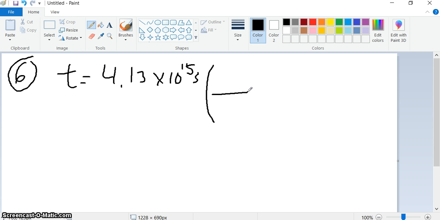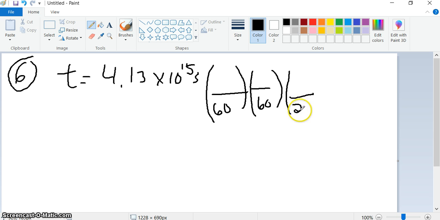All right, so we're just going to do a conversion between seconds and years. There's 60 seconds in one minute, and there's 60 minutes in 1 hour. So the 1 hour goes in the numerator, and then there's 24 hours in 1 day, and finally there's approximately 365 days in 1 year.